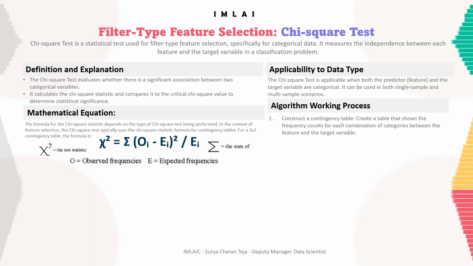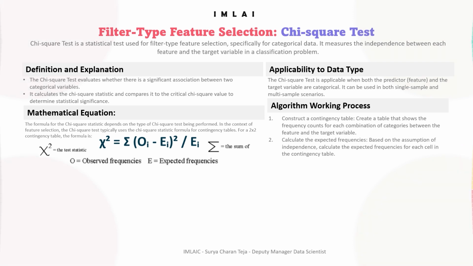Then we calculate the expected frequencies based on the assumption of independence, for each cell in the contingency table. Then we compute the chi-square statistic, using the formula to compare the observed frequencies and expected frequencies.